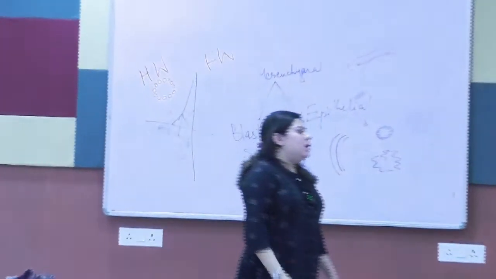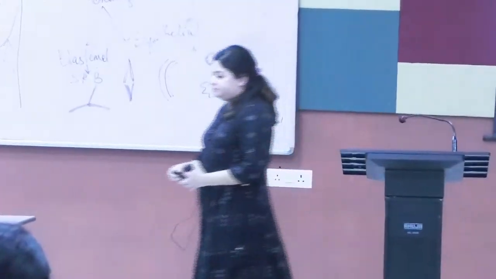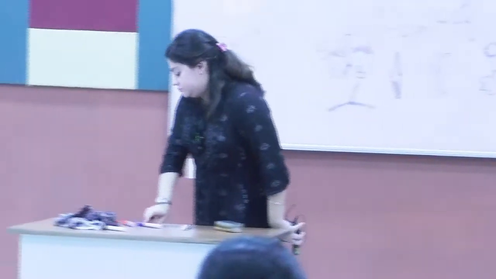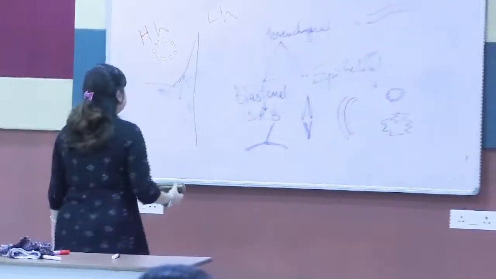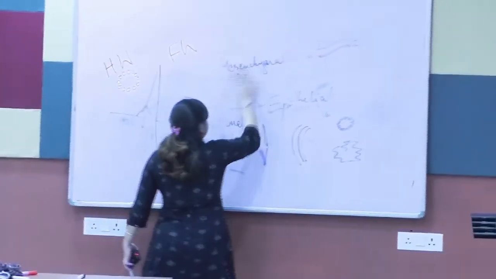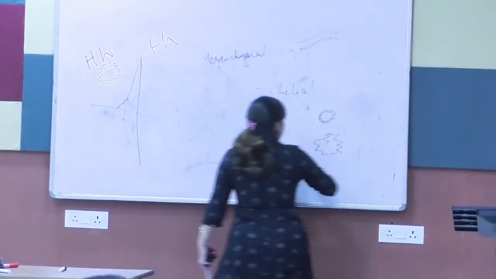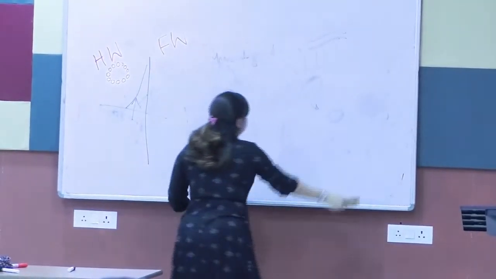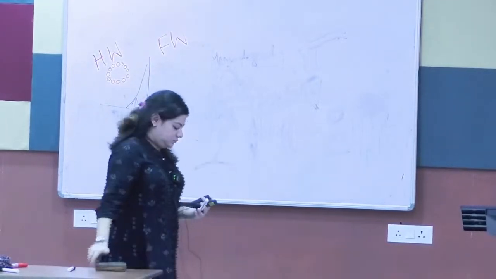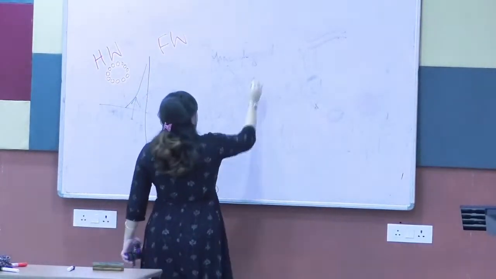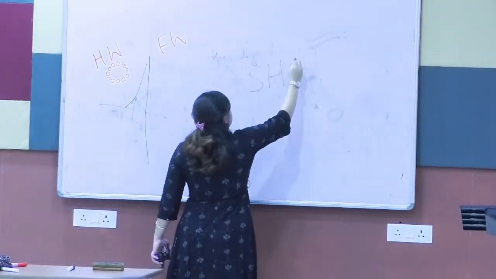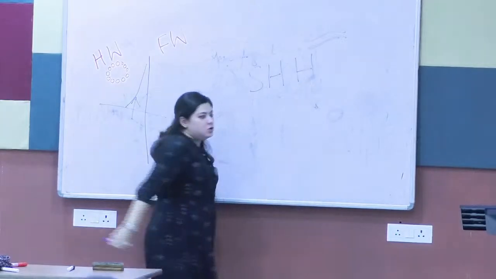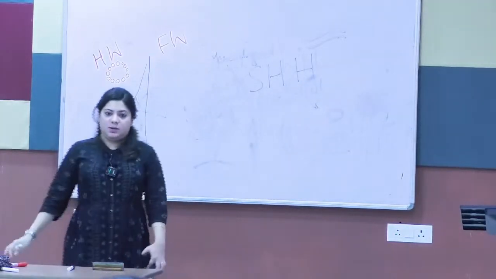The genes associated with medulloblastoma: one is the SHH pathway, sonic hedgehog pathway.